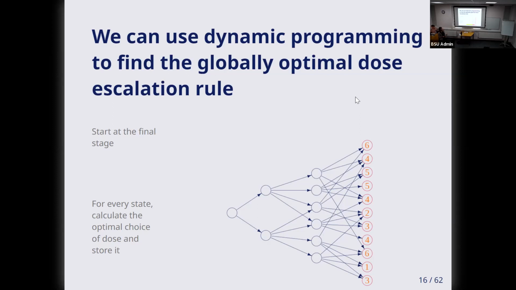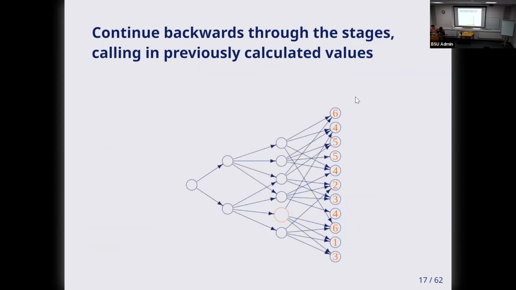So once we've filled in all the circles for the final stage, we step back to the penultimate stage of the trial. And the decision we have to make here, so suppose we're at this orange state, is which dose we should allocate to the final cohort to proceed optimally, given the data we've observed at this orange state, and the fact that we already know what the best thing to do is once we get to that final stage, because we've already calculated and stored that.